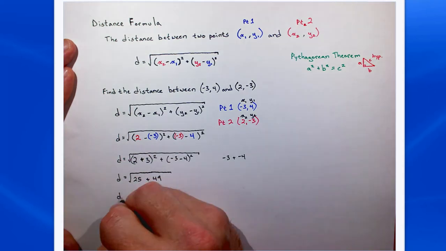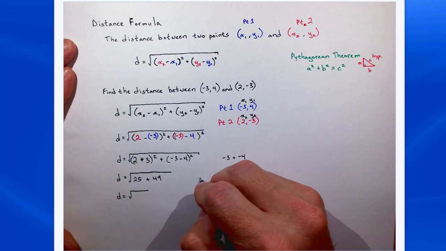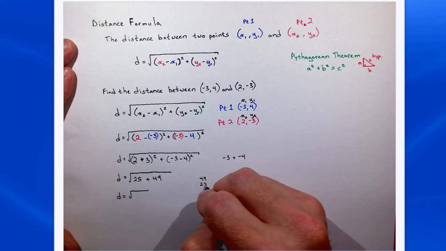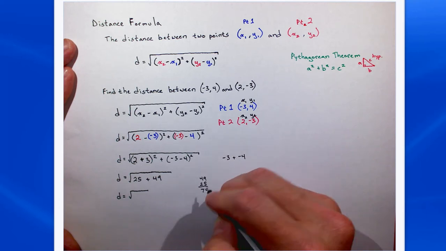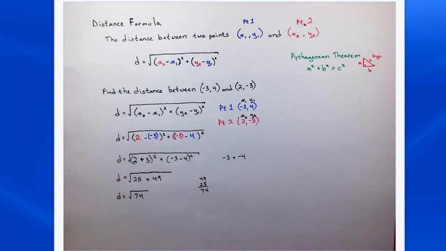What I have is D equals the square root of 49 plus 25, 74. This is a precise answer. The square root of 74. I can write it as a decimal too. This is the distance.